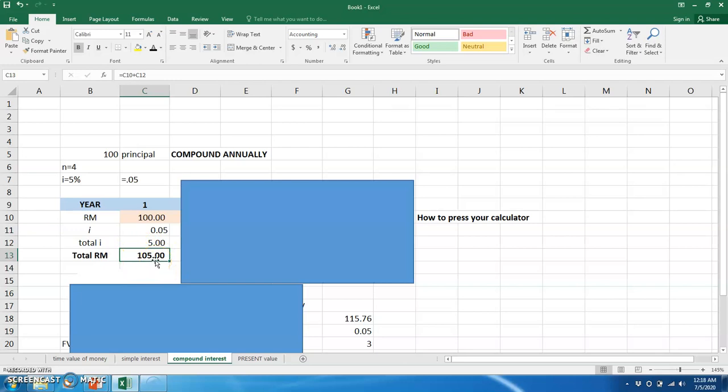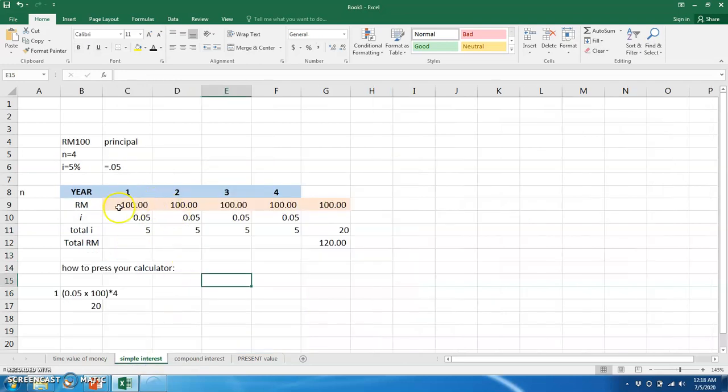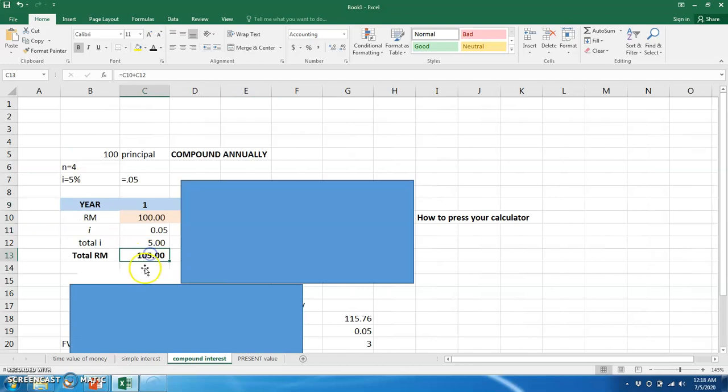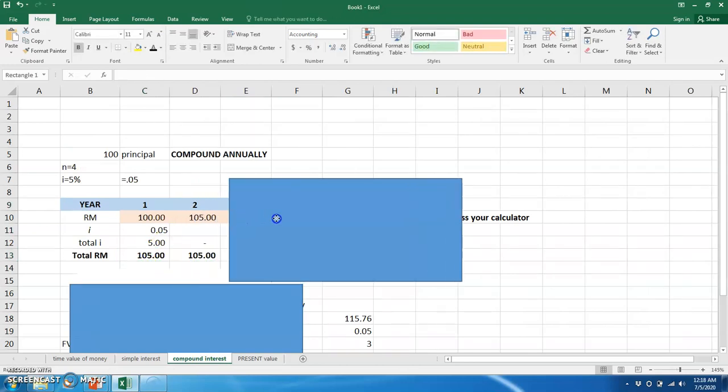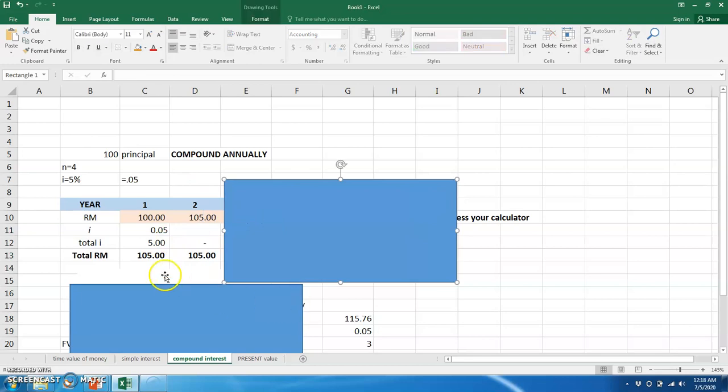Based on simple interest, the principal didn't change. But based on compound interest, this 105 will become the principal. So this is plus interest. You are going to calculate interest on interest.